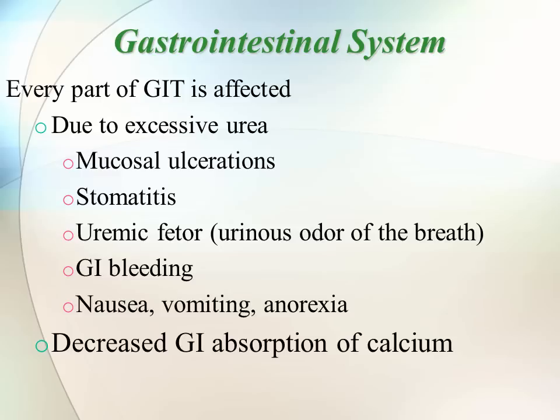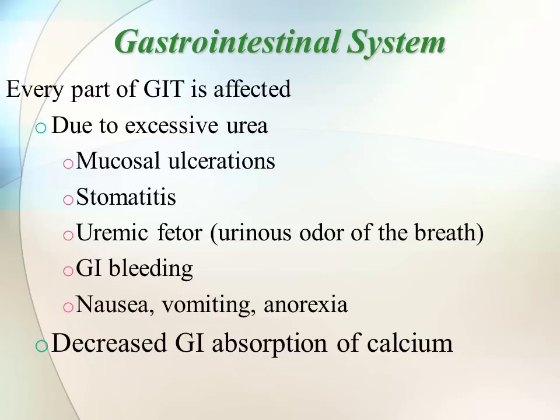It's broken down into ammonia and carbon dioxide, and ammonia is an acid. When we have all of this ammonia and acid in the GI tract, it irritates and destroys the mucosa, and it causes the capillaries to be very fragile because they have an acid on them.